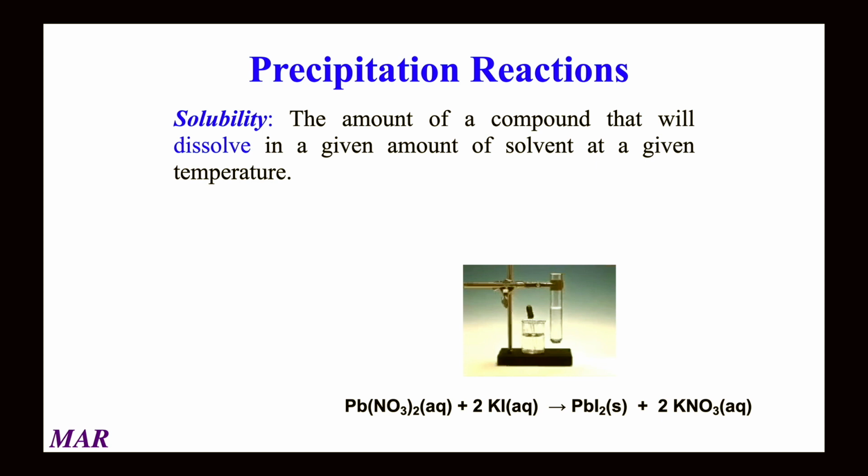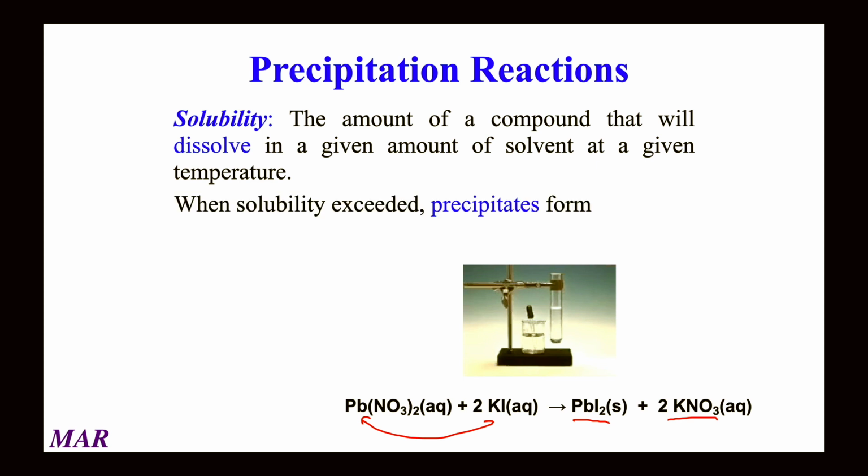It's an exchange reaction. The lead and the K are trading places. You end up with the charges. Lead is positive 2 on the left, it's positive 2 on the right. You end up with PbI2, a solid, and potassium nitrate. And it's the PbI2 which makes this reaction a precipitation reaction. When the solubility is exceeded, that's when you're going to have a precipitation.